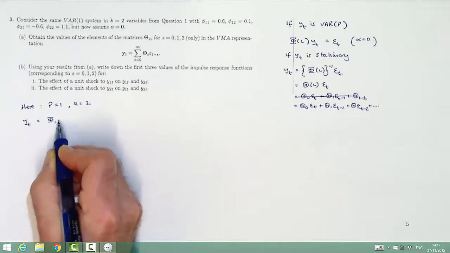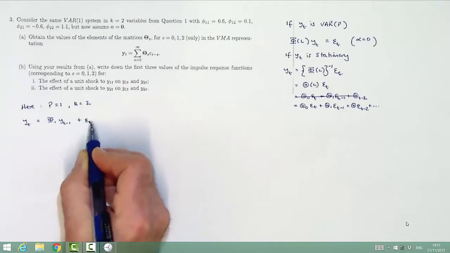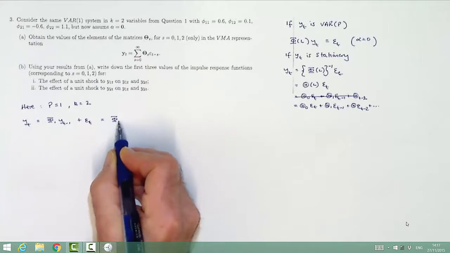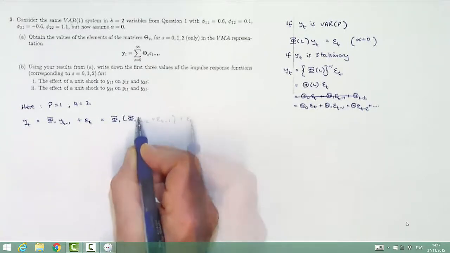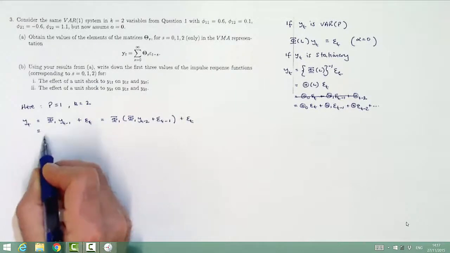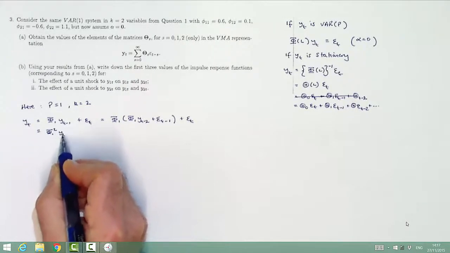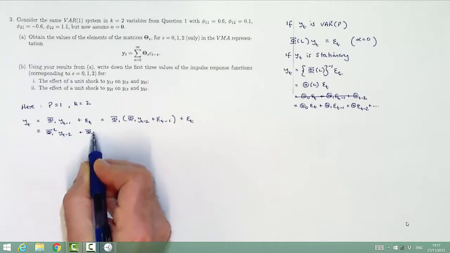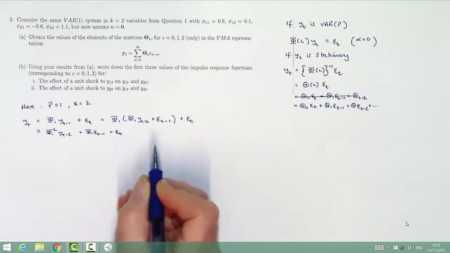So writing out y_t using the data generation process we're given in the question. We're then going to substitute for y_{t-1} using the same equation but just lagged 1 period. And then collecting the terms together, you're going to have Φ_1 squared y_{t-2} plus Φ_1 epsilon_{t-1} plus epsilon_t.